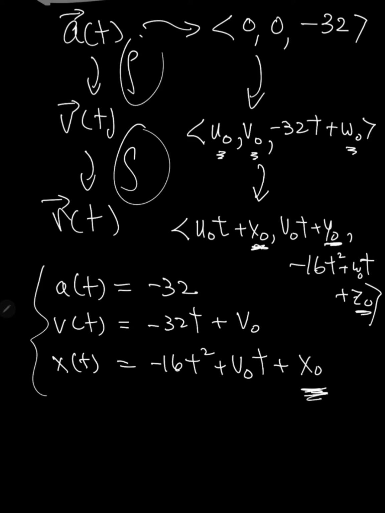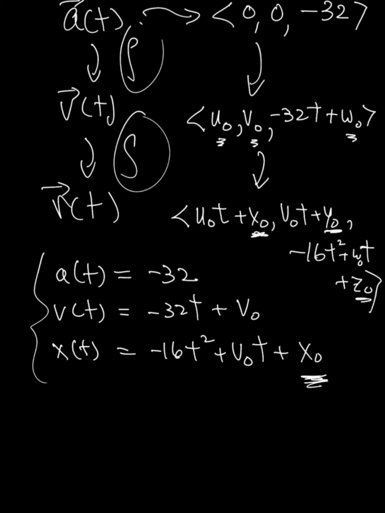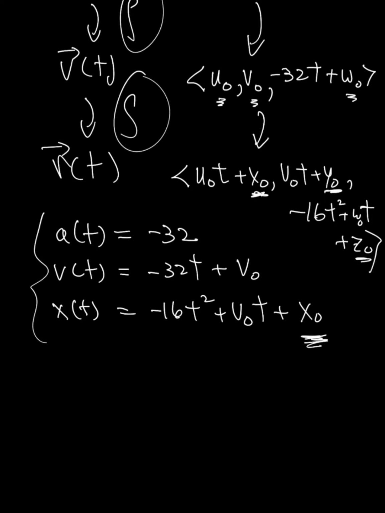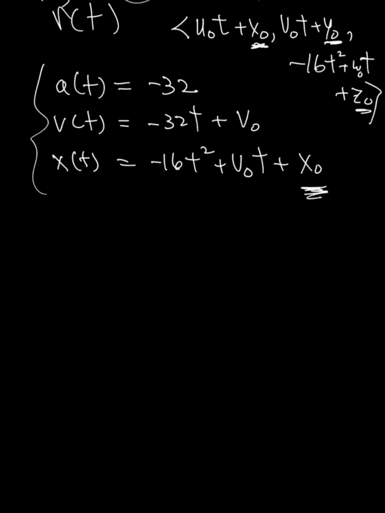So you can do exactly the same kinds of mini physics problems that you did in single variable calculus. If you're throwing a ball off a 100-story building, you've thrown it upwards at a velocity of 10 feet per second, how long does it take the ball to hit the ground?